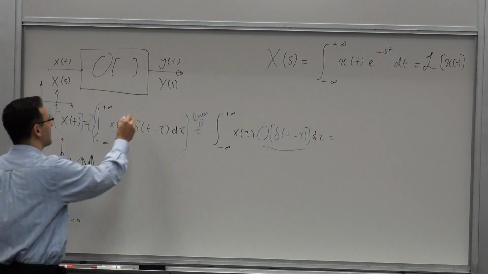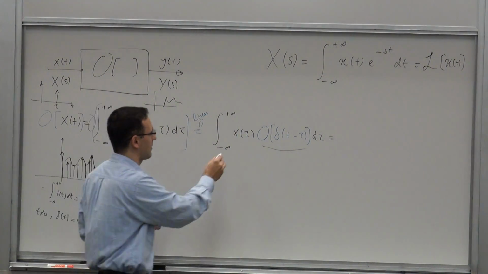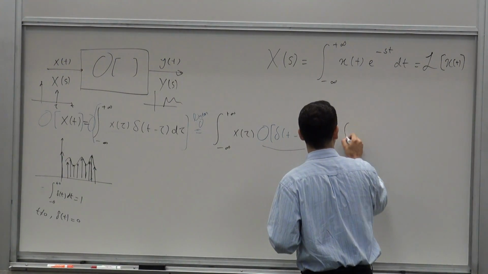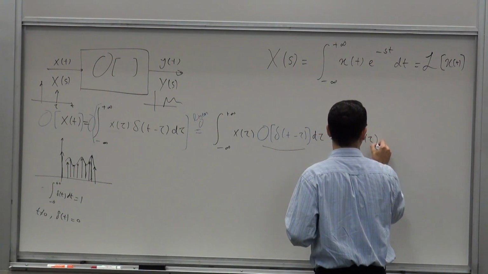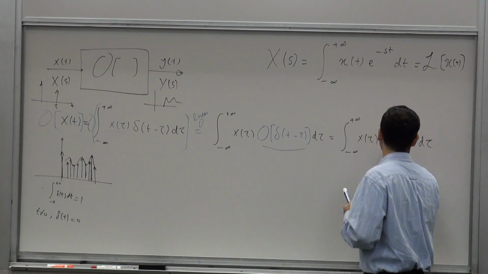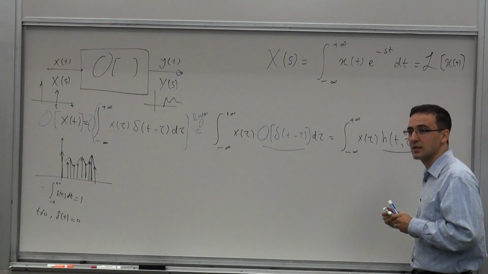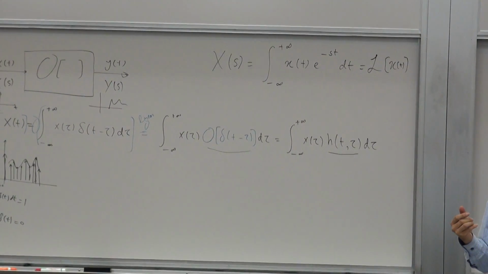What comes out of the system is this thing. And in general, it's shown as the integral from minus infinity to plus infinity of x of tau, h of t and tau. And this is called the general impulse response of the system. This is valid for time-varying systems.